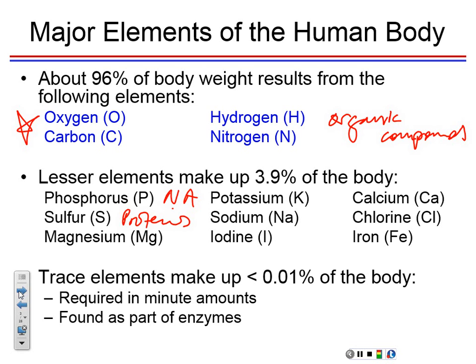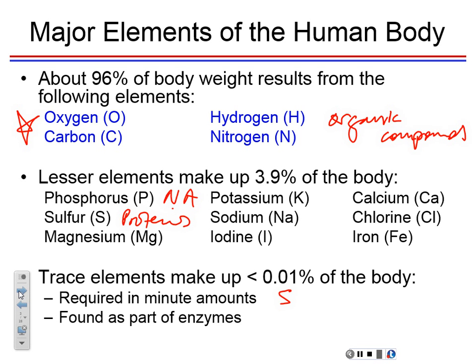So that's about 4%. And then there are other elements, such as zinc, or selenium, things like that, that are trace elements, found in very trace amounts, and usually they are parts of enzymes that regulate the activity of enzymes, all right?